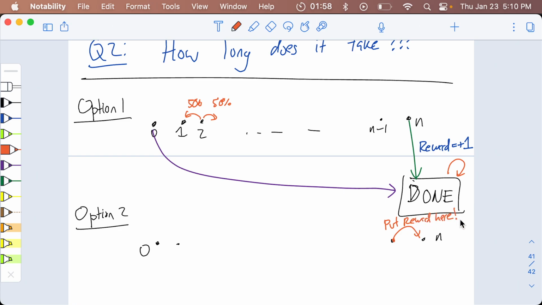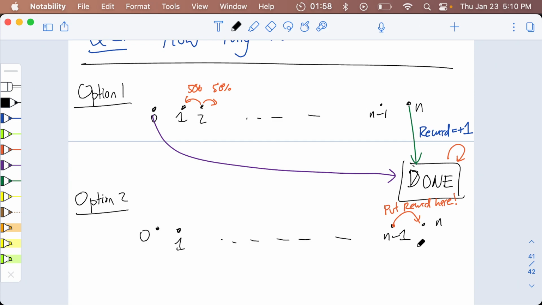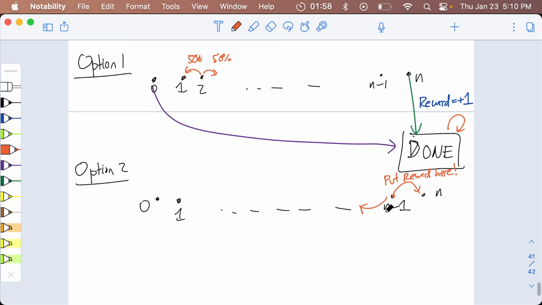That's another way to do it. Here's n-1 to n, and if you move from n-1 to n, then you get a reward of +1. If you do this, you end up with silly looking things like the reward vector.